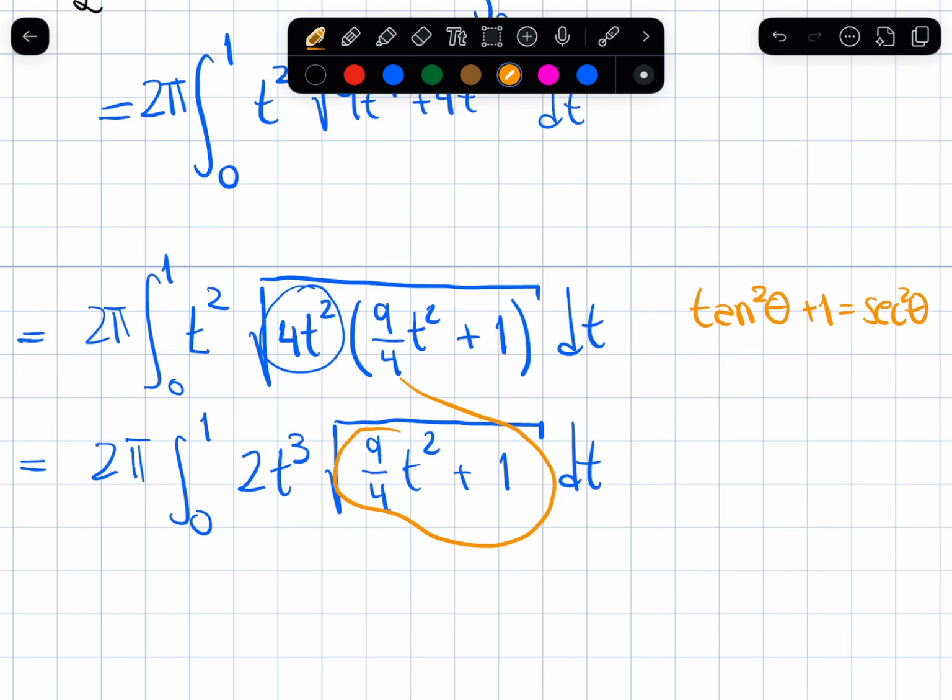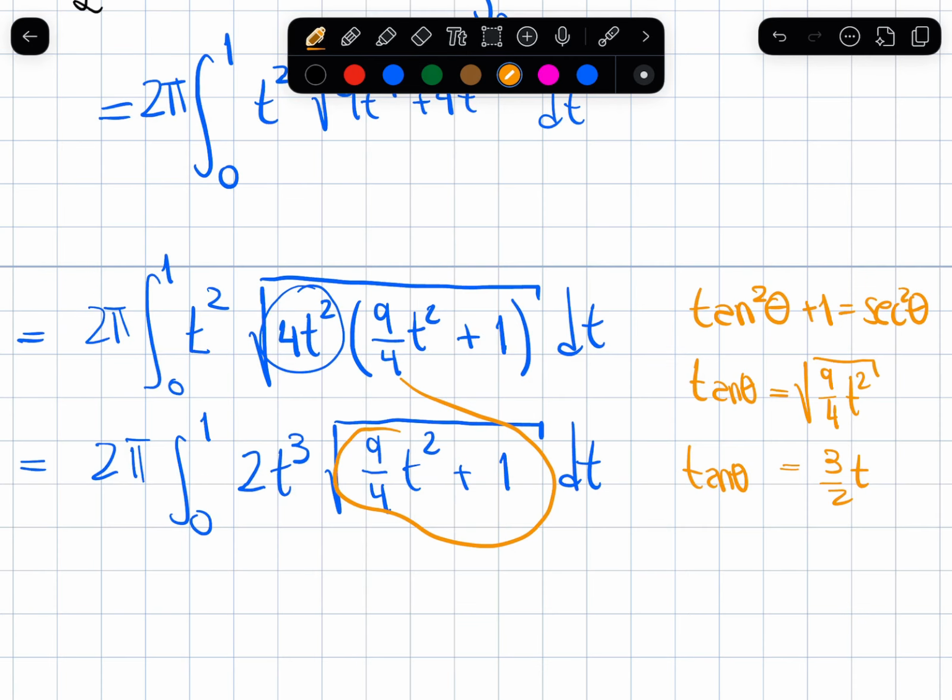So this kind of resembles that, because there's the plus 1 there. So I'm going to say that the tangent of theta is the square root of 9 over 4 t squared. So I'll say this is 3/2 of t. This is the tangent of theta.